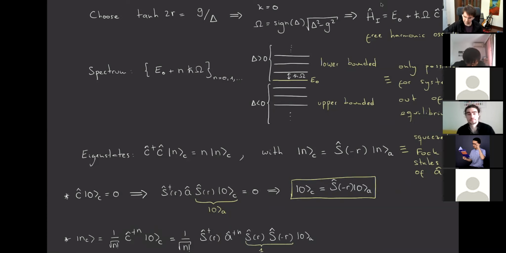This thing in here is just the identity, because we have S and the inverse of S. So therefore, we are left with something very simple, because we have A dagger to the N acting on the vacuum of A, and this is precisely, with the normalization factor, the Fock state N, but now of the basis A. And then we are left with one S dagger of R operator, and as I mentioned, this is just the same as S of minus R, okay? So this proves that this expression is true for all Fock states.